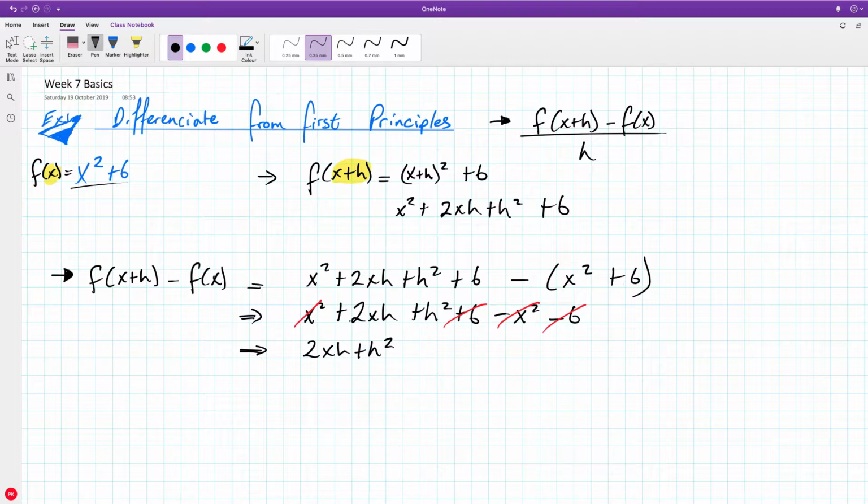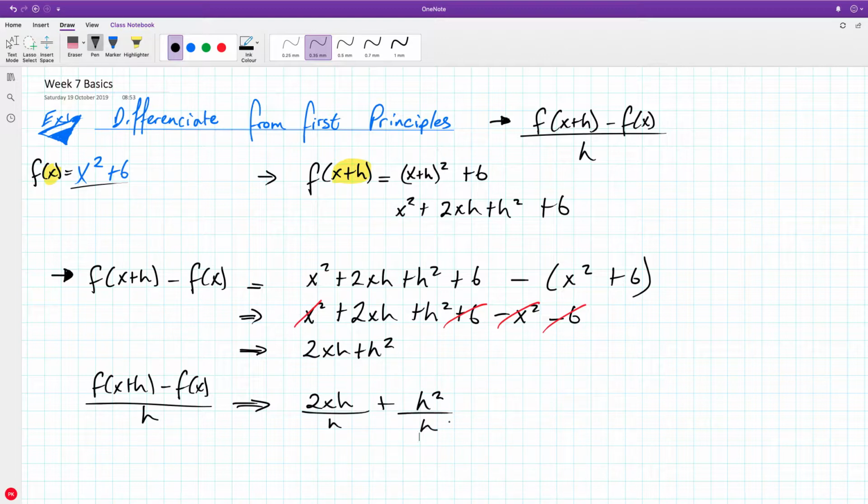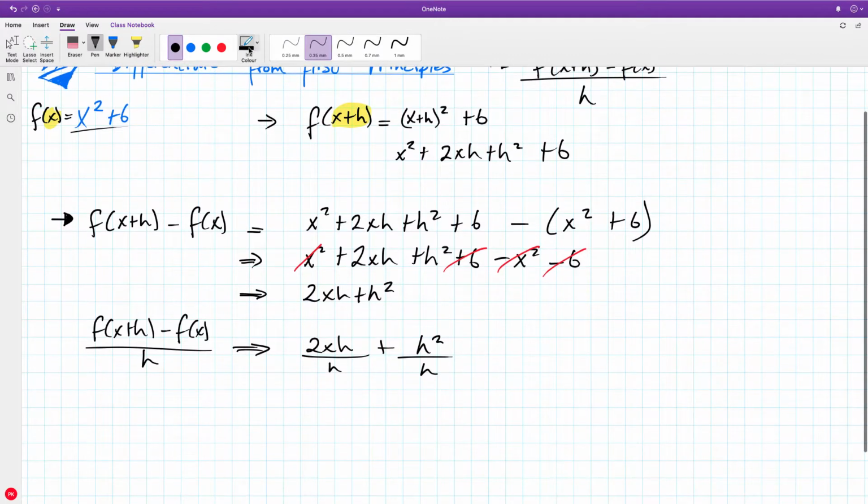What's the next part of the formula? Exactly. The next part of the formula is the function of x plus h minus the function of x all over h. So we divide all these by h: 2xh divided by h plus h squared divided by h. What happens? H cancels there, h squared cancels with the h. So you're then left with 2x plus h.